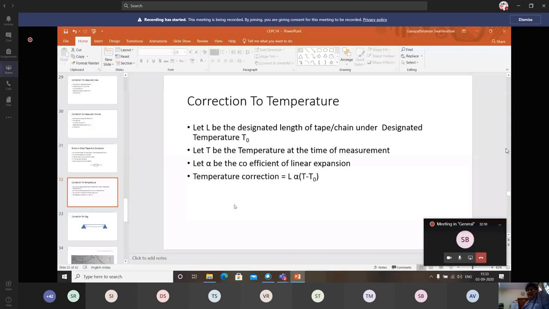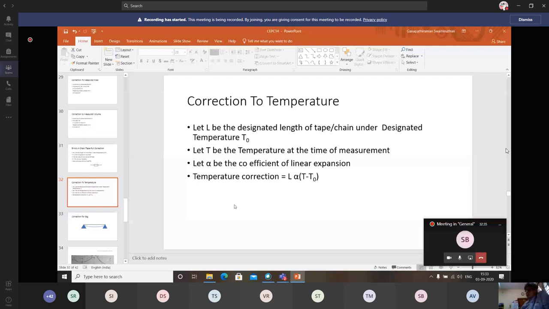So it tries to expand. When you define a meter, we say that the marking on a platinum rod kept at 0 degree centigrade is the reference. So a tape is said to have its designated length at the designated temperature.